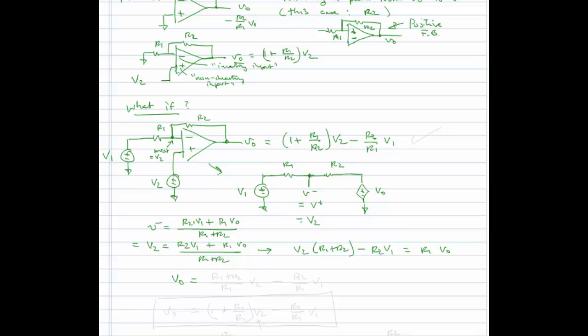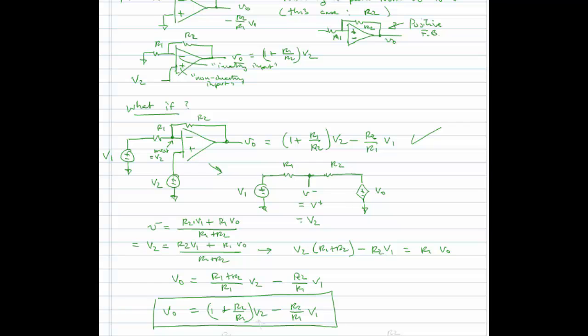So we have R1 plus R2 over R1 times V2 minus R2 over R1 times V1. And I can rewrite that as 1 plus R2 over R1 V2 minus R2 over R1 V1. And lo and behold, that is, in fact, what we found up here.